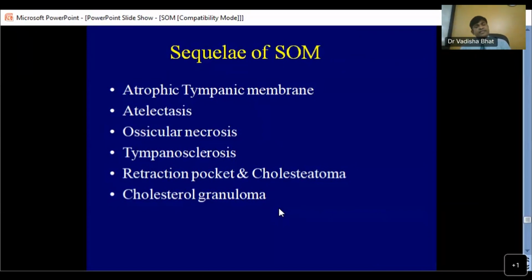Otherwise, there is a chance of this serous otitis media or the middle ear effusion leading to the formation of cholesterol granuloma. The granuloma may remain for a certain period, and this may cause recurrent infection and sometimes a significant conductive hearing loss. So these are the sequelae of this otitis media with effusion.